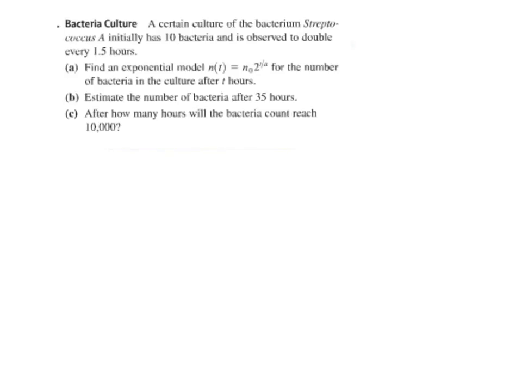So we've got a certain culture of bacteria, which initially has 10 bacteria, and it's observed to double every 1.5 hours. So we want to make note of what we've been given. The 10 bacteria is the initial, so that would be n naught. And then the doubling time is 1.5 hours, so that's what a is, 1.5.